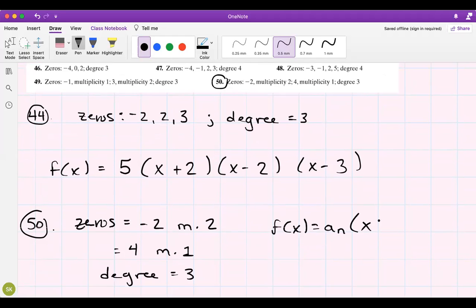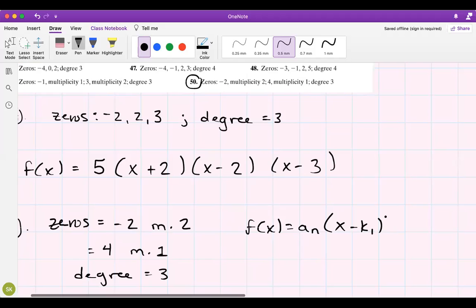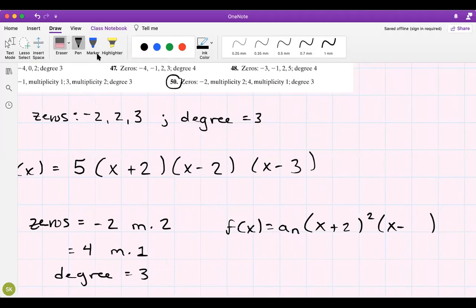So I have 2 zeros, so I'm going to have a 0 here and a 0 here. So my 0, one of them, is -2. So now we're going to make this a +2. And we want the multiplicity to be 2. So I'm going to put 2 here. And then we also have a 0 of 4. So I'm going to put -4 here. And the multiplicity on this one is 1.